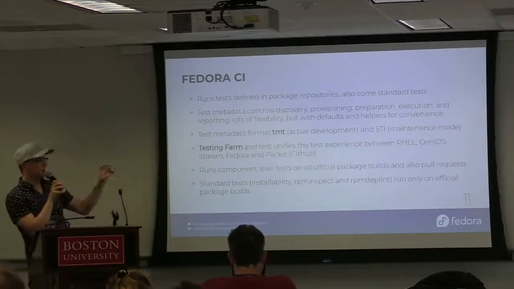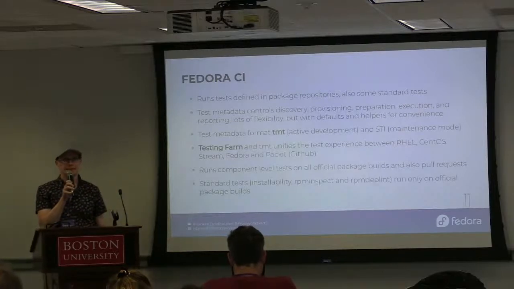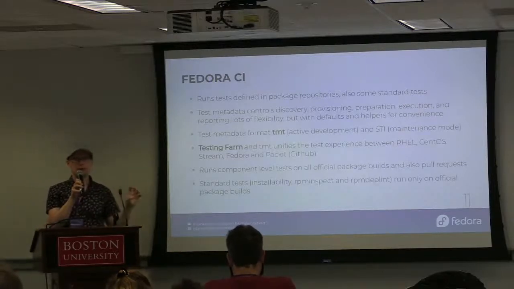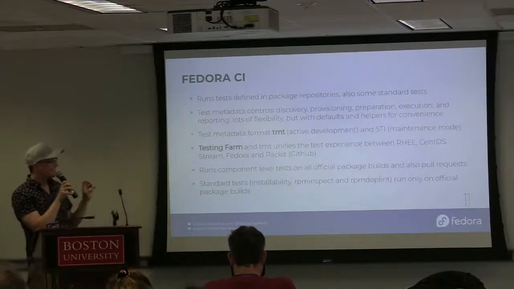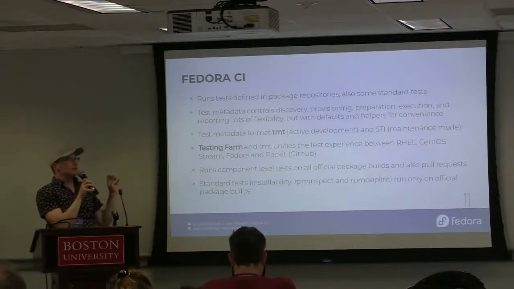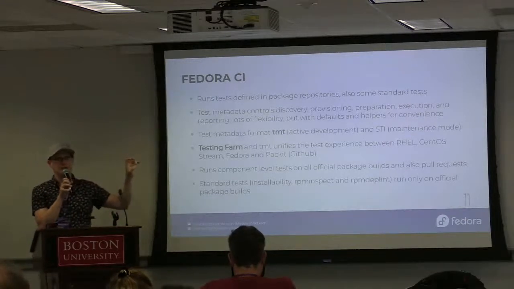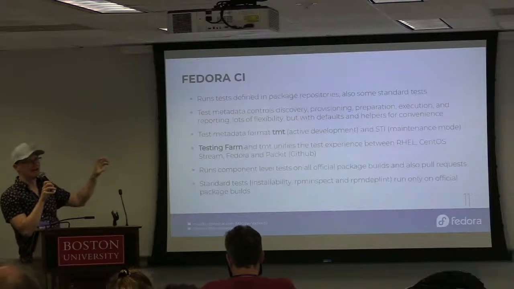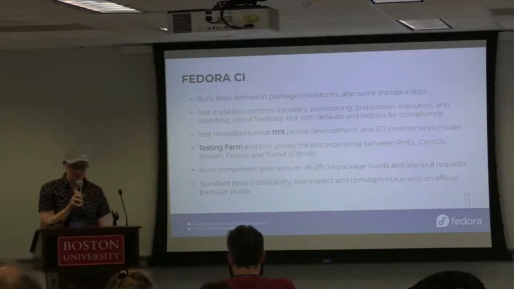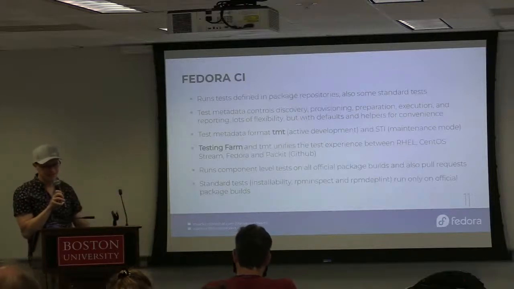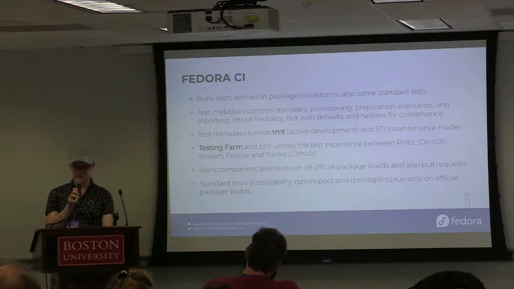It runs its tests on package builds and pull requests. So you're getting your tests to run more frequently and earlier in the process. The trade-off for that is that you can't really test, does it work with this other package, or does it affect the compose process, because you're not at that point in the process. So they're complementary, they're not in competition with each other.